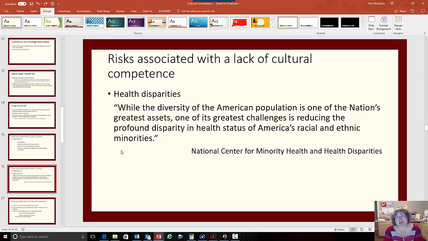And some of the risk associated with having a lack of cultural competence, again, ties in with disparity. Our greatest asset in this country is that we have such a wide and diverse population. It's also one of our greatest challenges because we have to eliminate the disparities. We have to identify them all, work on them, and eliminate them.